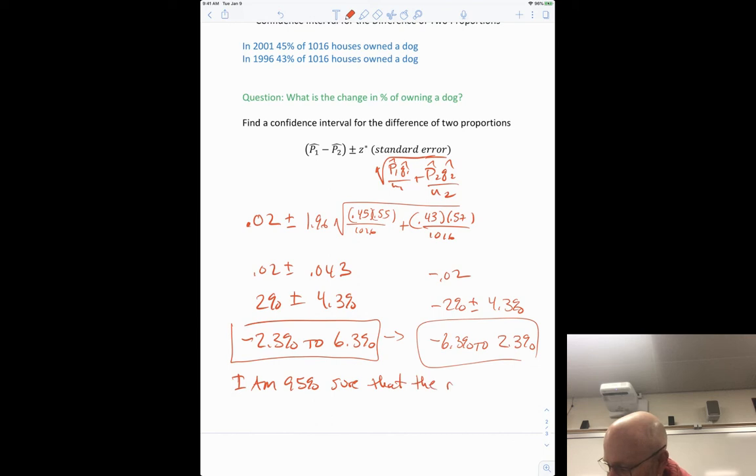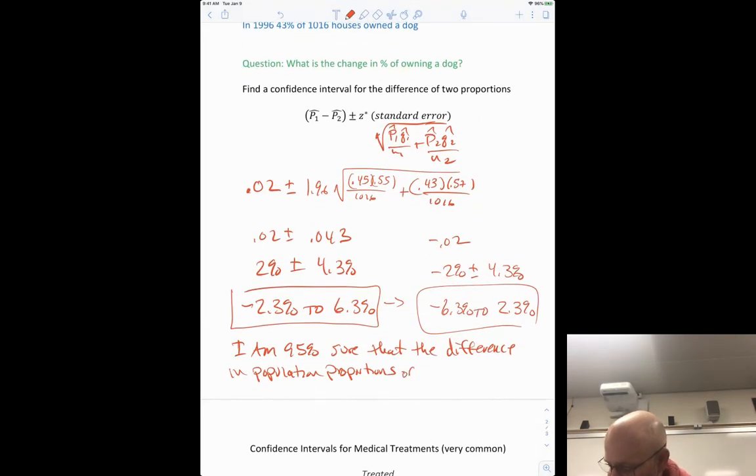So I would say I am 95% sure that the difference in population proportions of people who own a dog between 2001 and 1996 is somewhere between, sorry about the wording here.